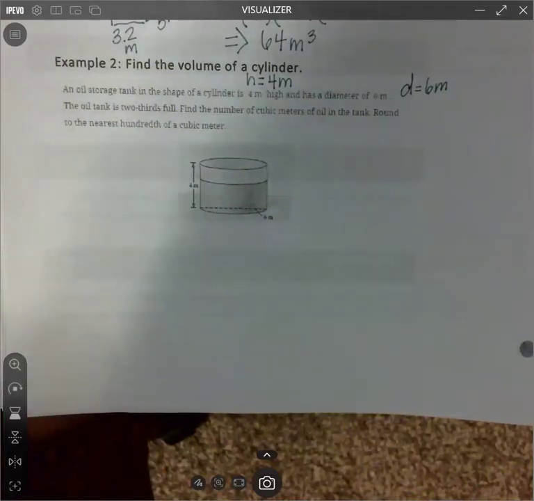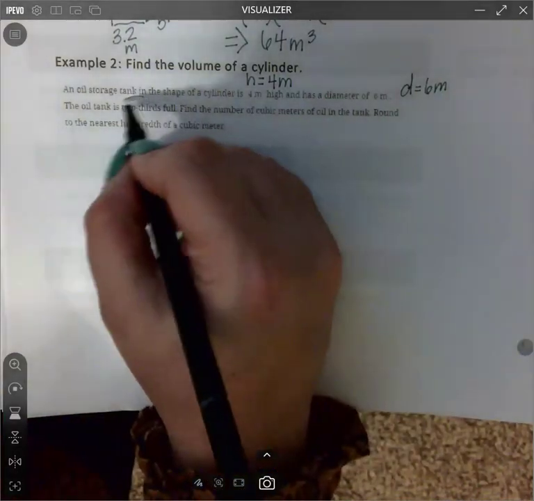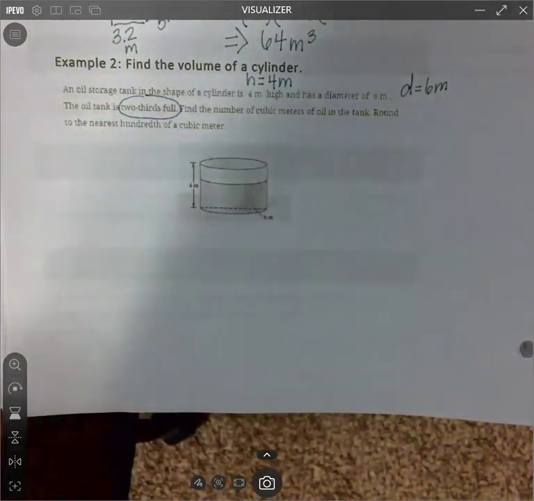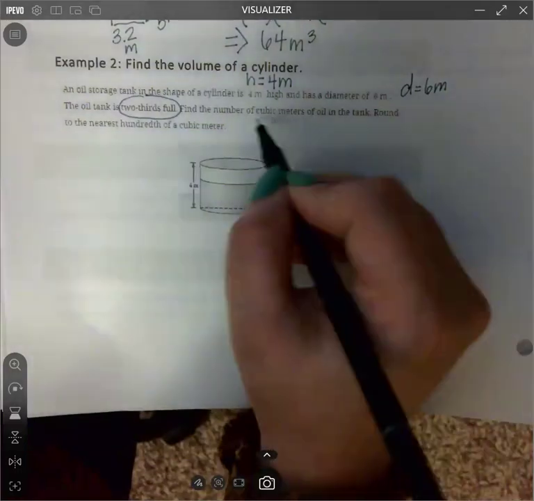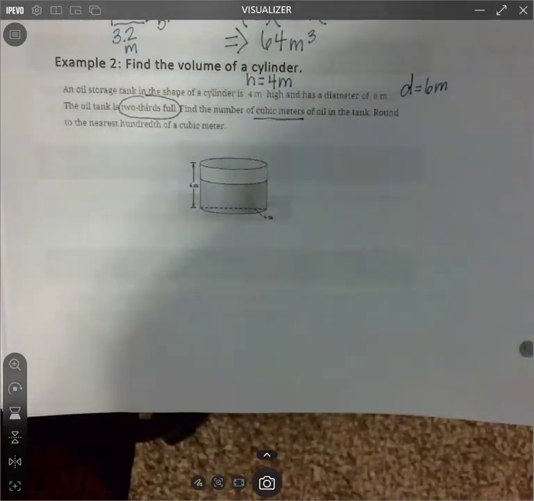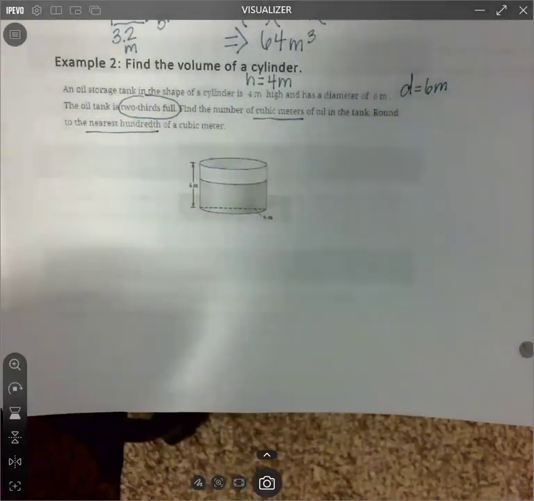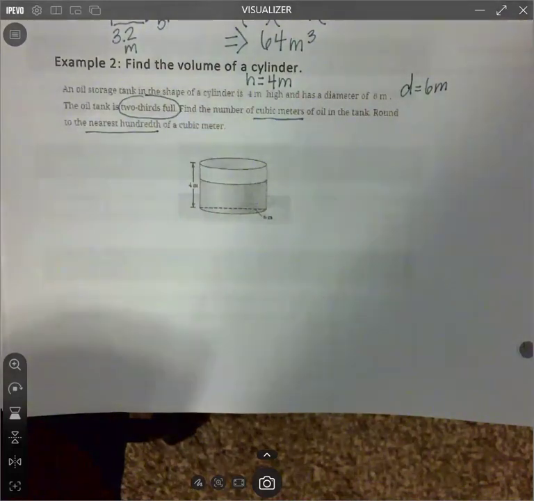The oil tank is 2/3 full. We're going to deal with that at the very end. Find the number of cubic meters, or meters cubed, of oil that is in the tank. Round to the nearest hundredth of a cubic meter.